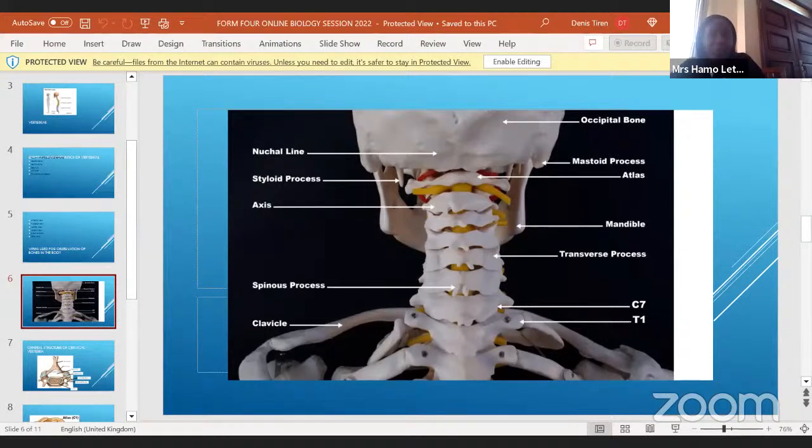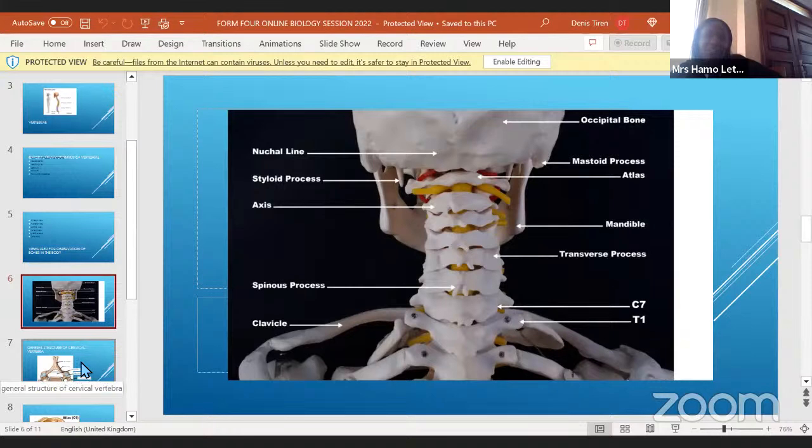Then on the hip region, they are referred to as the sacral vertebrae. And then in between the girdles, there is a small short bone referred to as the coccyx, which we shall say is vestigial in human beings.